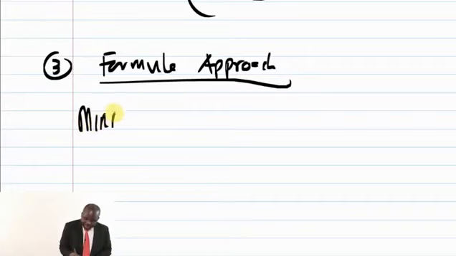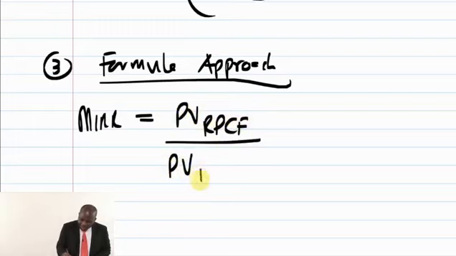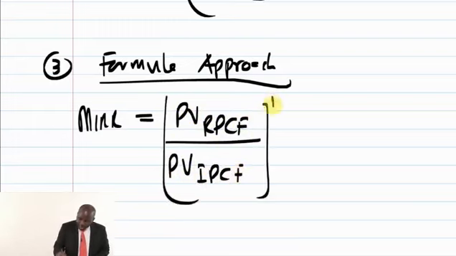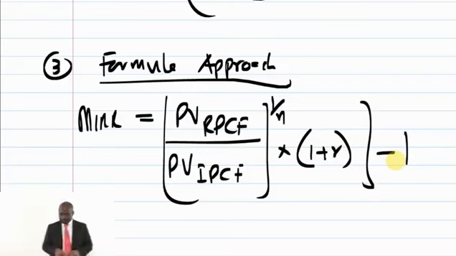According to the formula approach, you would have to bring the formula from the formula sheet. It says your modified internal rate of return is equal to the PV of the return phase cash flows divided by the PV of the investment phase cash flows, all raised to the power 1 over n, all multiplied by 1 plus r, all minus 1.